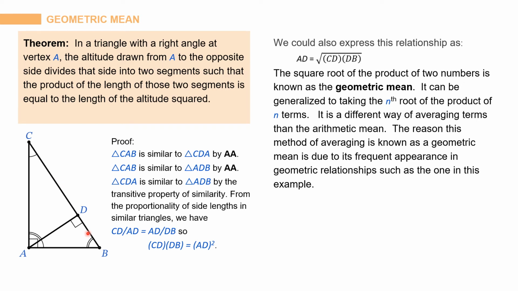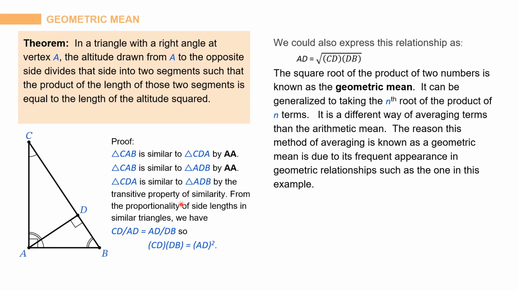Why is that true? Well, triangle CAB is similar to triangle CDA by angle. Triangle CAB is similar to triangle ADB, also by angle. And therefore, triangle CDA is similar to triangle ADB by the transitive property of similarity.